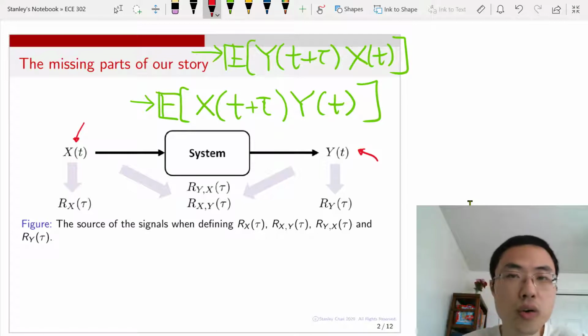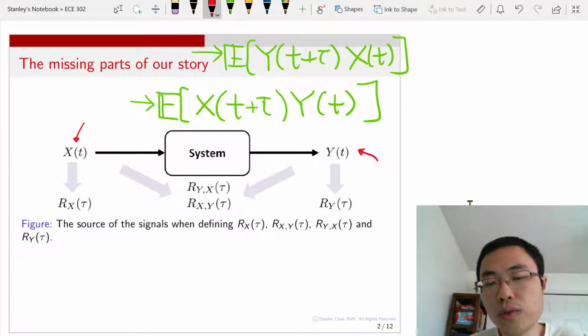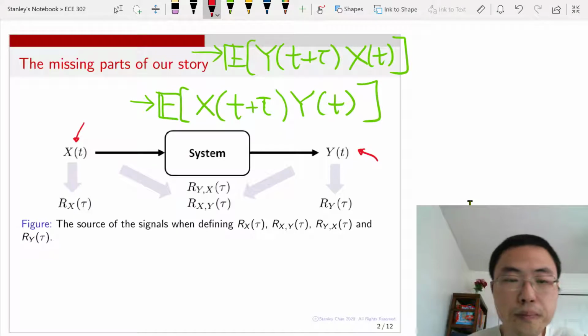How are these correlated? These are different from the autocorrelation function, where you're looking at x and x, or y and y. Here you're looking at the cross correlation between x and y.